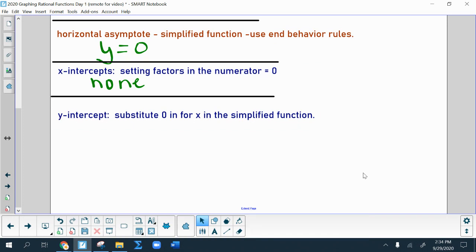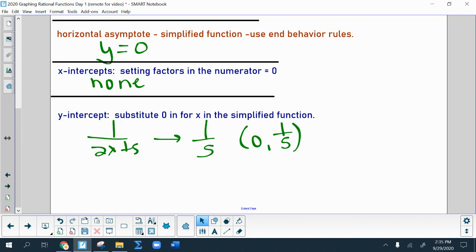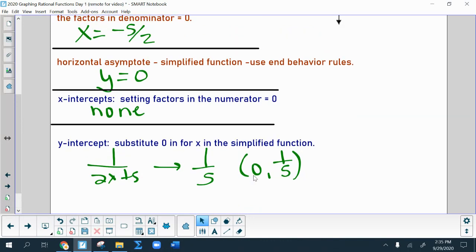So in our problem, that was 1 over 2x plus 5. So I put 0 in for x. That gives me 1/5. So my y-intercept happens to be 0, 1/5. And it is a point, so write it as a point. Don't just write the number 1/5. Everything needs to be written in a way that makes sense mathematically. Okay, so a y-intercept is a point, so write it as a point.